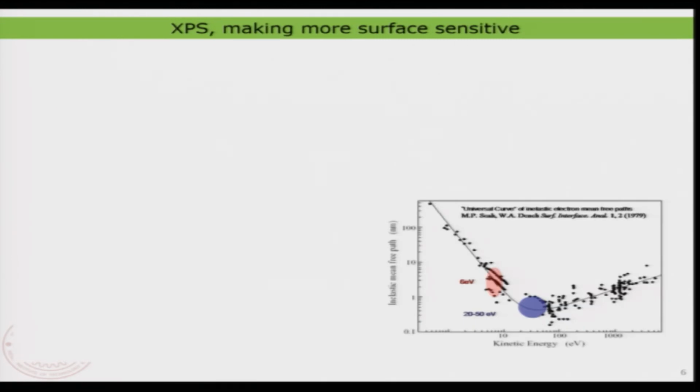We have already talked in the beginning about how this technique, photoelectron spectroscopy, is quite surface sensitive, because most of the time what you are measuring is all in this region. That means it is typically a few nanometers around the surface. So, it is a surface sensitive technique.